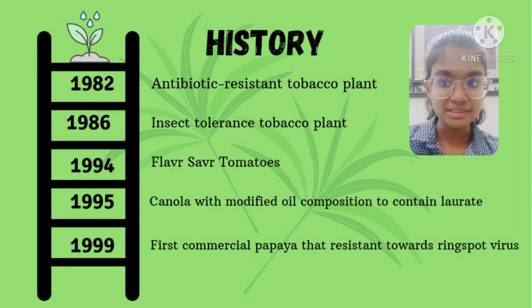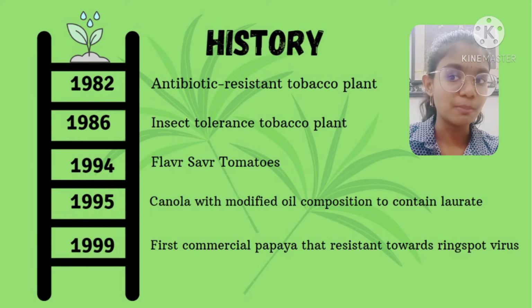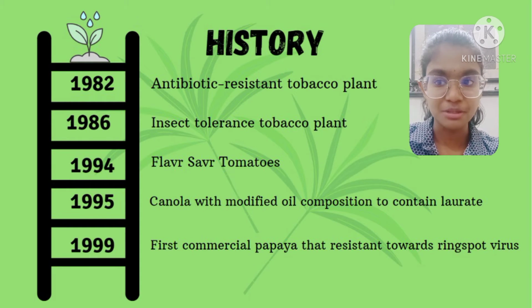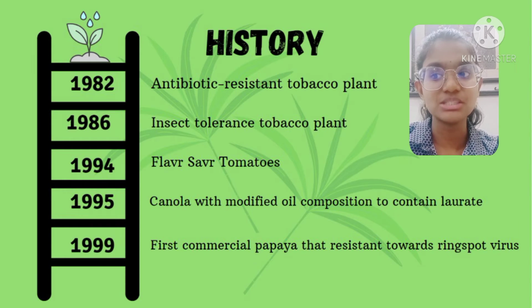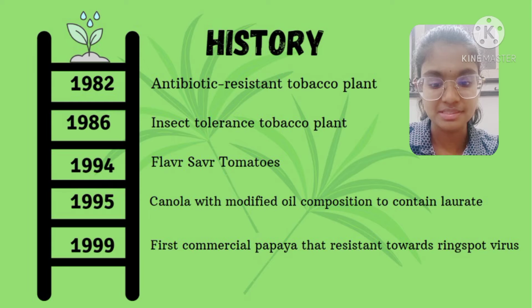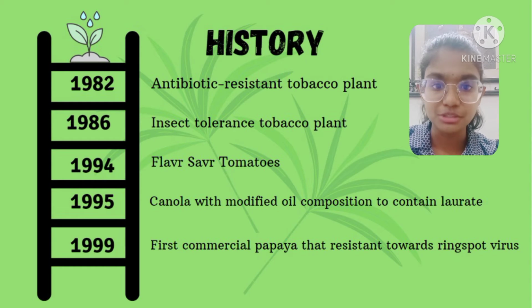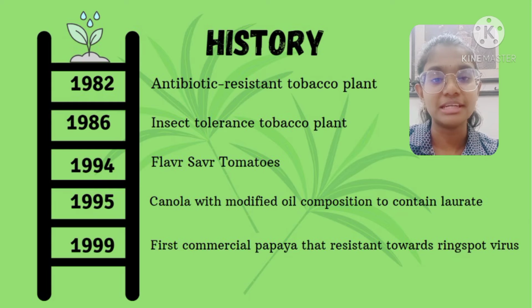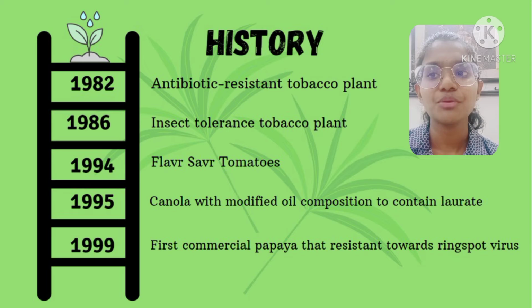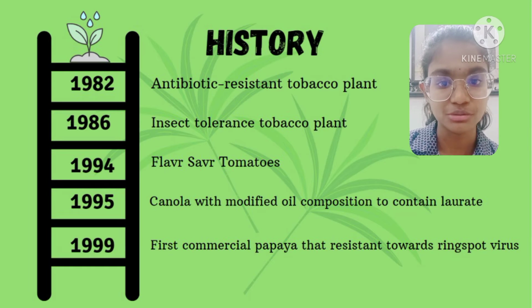In 1986, insect tolerant tobacco plant was developed by expressing genes encoding for insecticidal proteins from Bacillus thuringiensis. The first commercially grown genetically modified food in 1994 was the tomato, the Flavr Savr tomato.